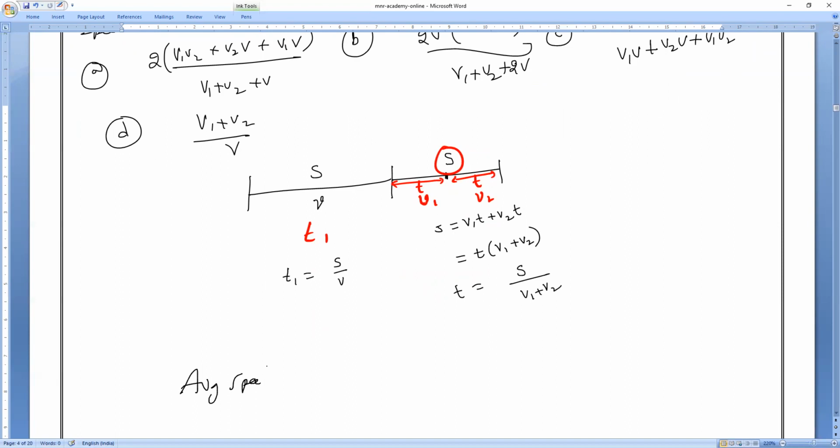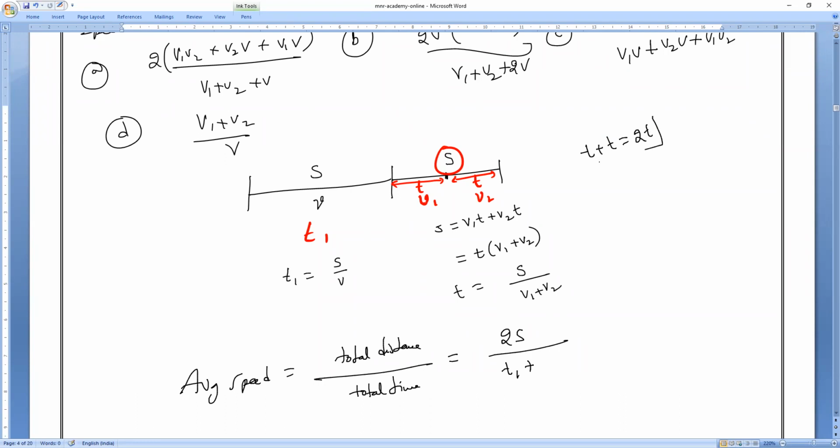Then you do the average speed formula. Total distance divided by total time. So s plus s is 2s, divided by the total time: t1 plus t plus t, which is t1 plus 2t.